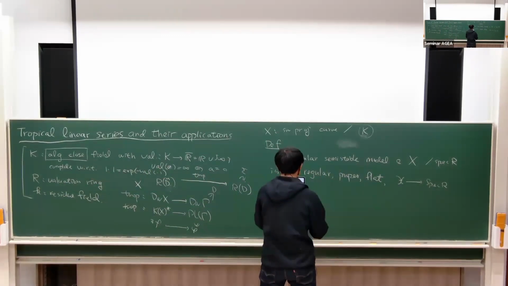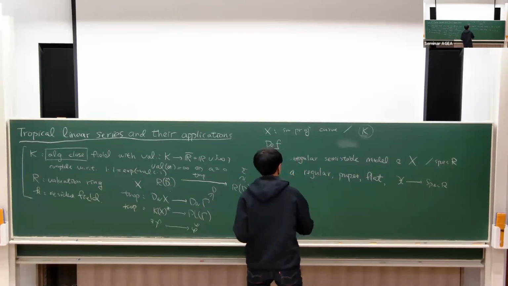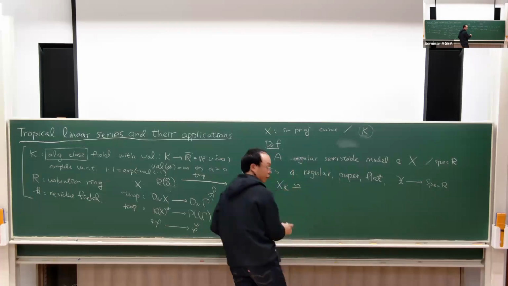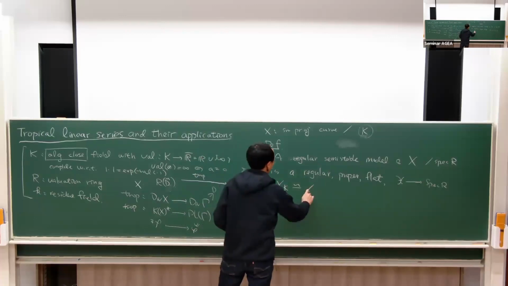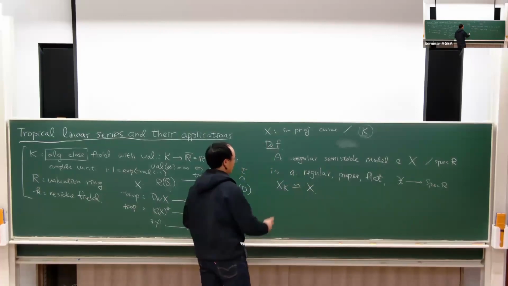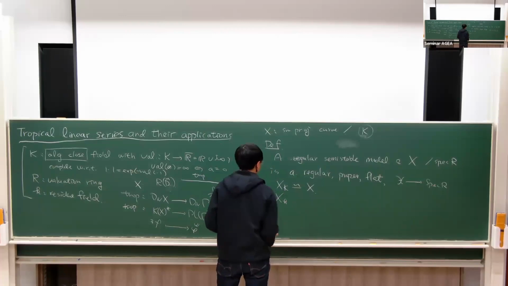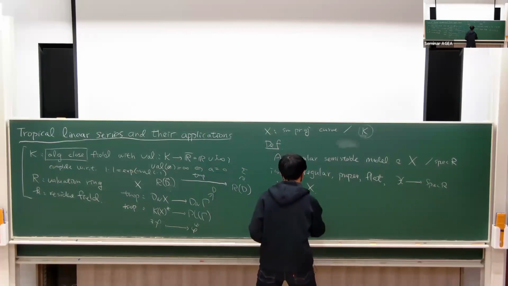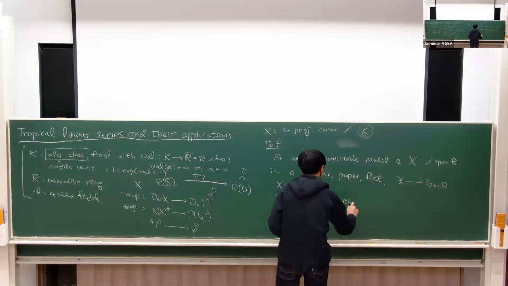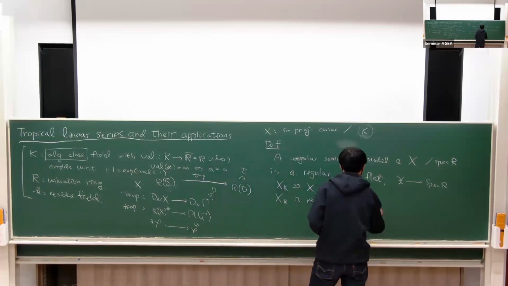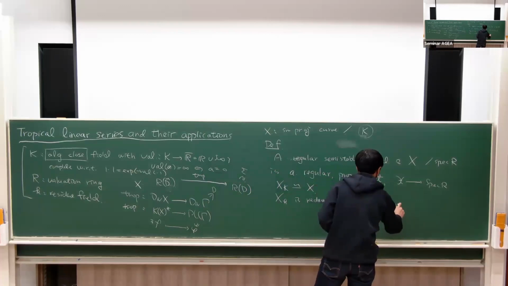And this is flat, and the generic fiber is the given curve X, and the special fiber is reduced with at most nodal singularities.